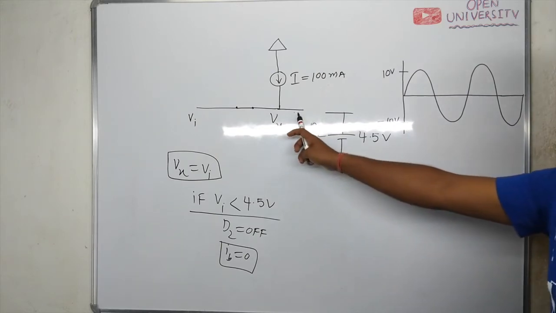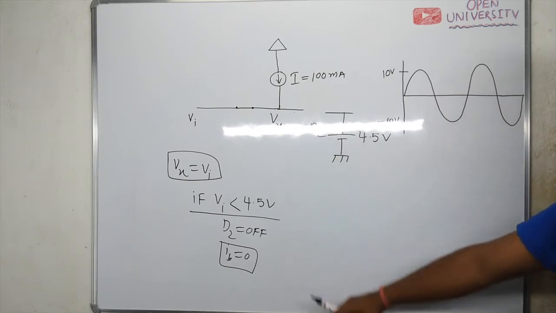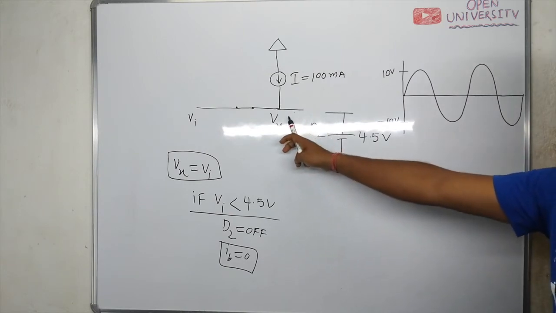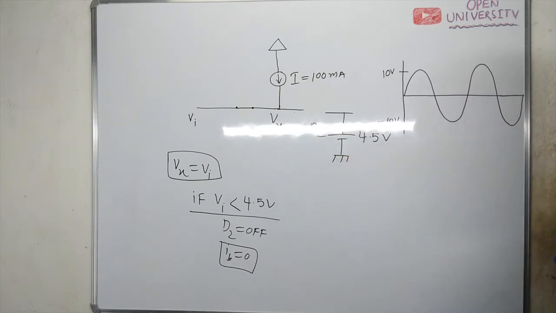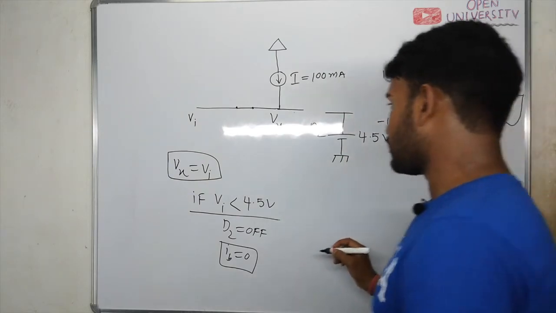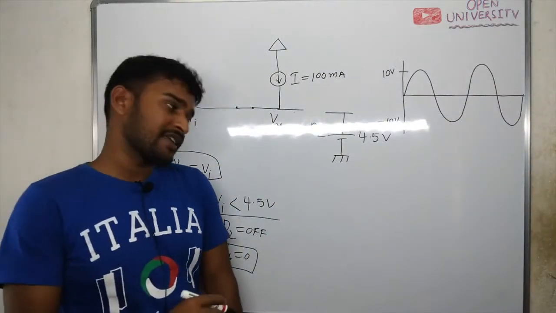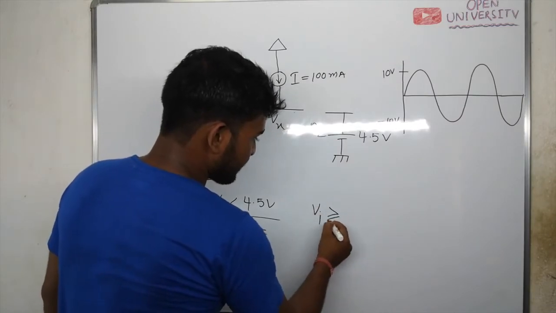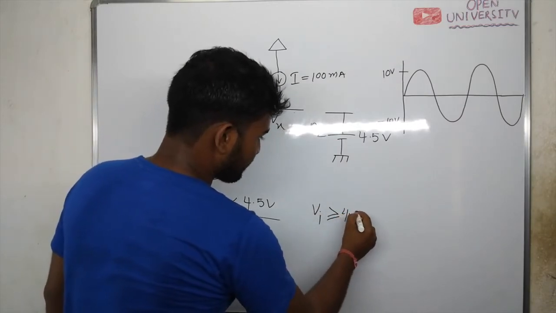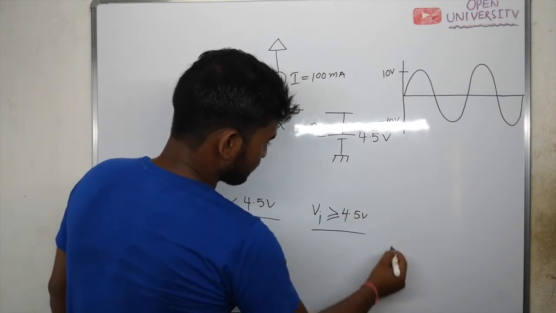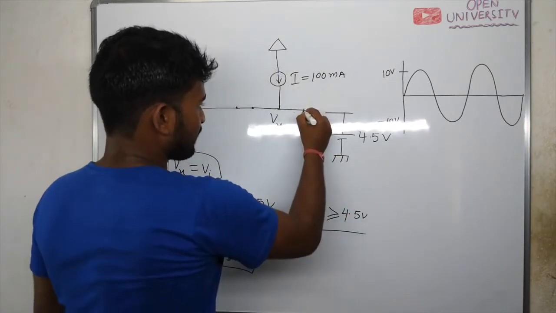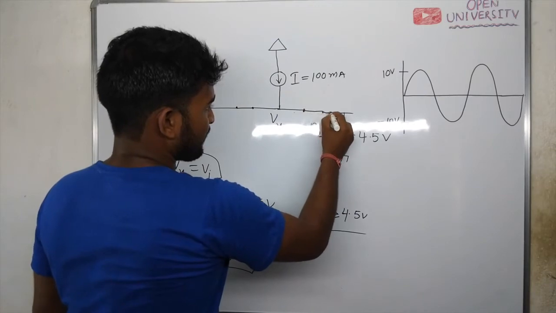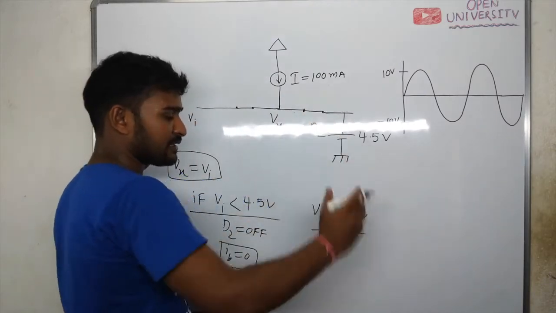And if this side voltage is greater than this side voltage, that is if Vx is greater than or equal to 4.5 volt, then D2 will be forward biased and it will be replaced with a short circuit, because this side voltage is greater than this side voltage.